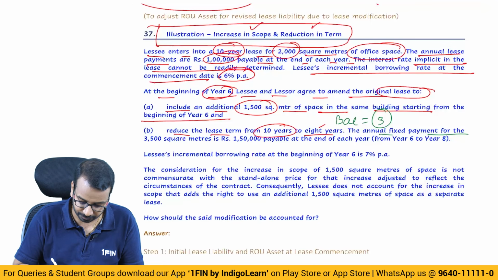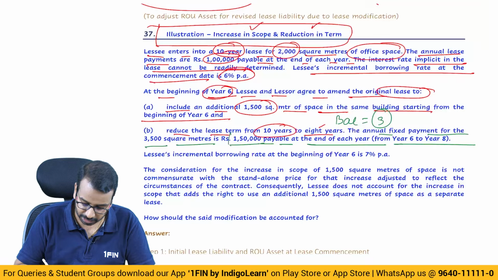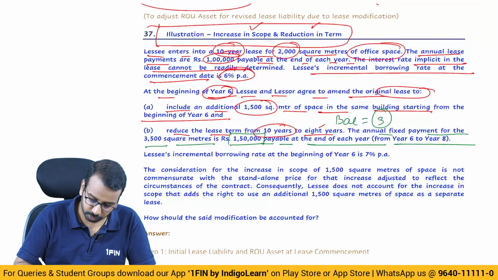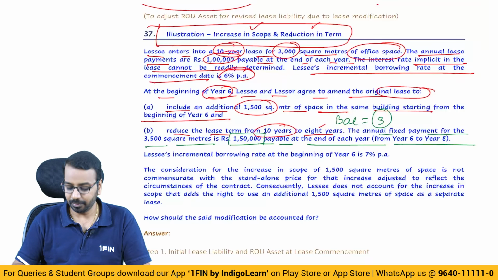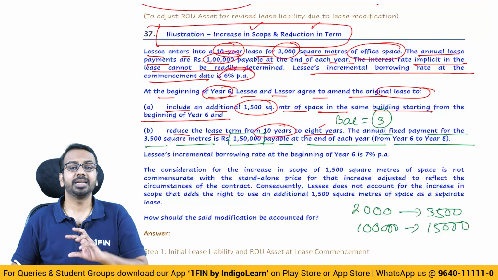The annual fixed payment for the 3,500 square meters is 1,50,000 payable at the end of each year from year 6 to year 8. So, we are paying now 1,50,000. 2,000 became 3,500 and lease rental became 1 lakh to 1,50,000. Is this commensurate?